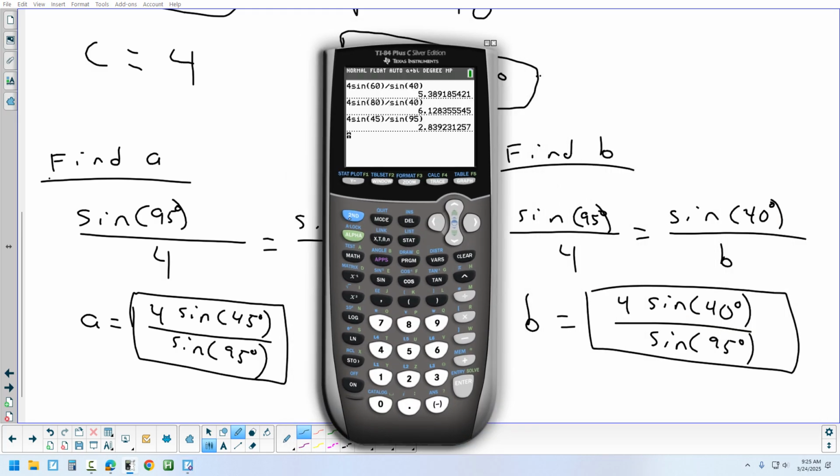Okay, so all I have to do from the problem I did on the left is change the top number from 45 to 40. Everything else is the same. Okay, so that gives me 2.581 if we're rounding to 3 decimal places.